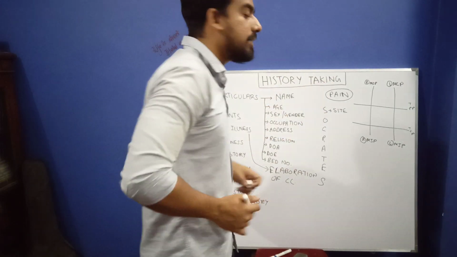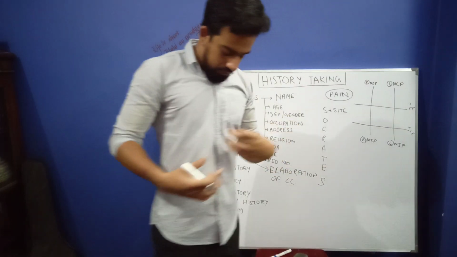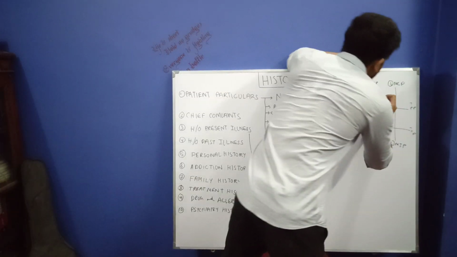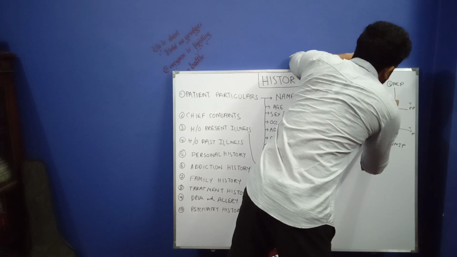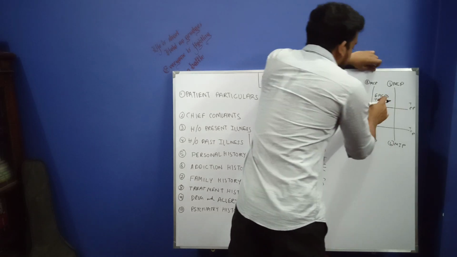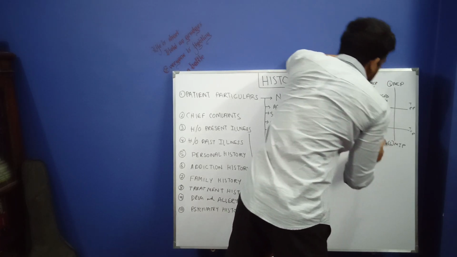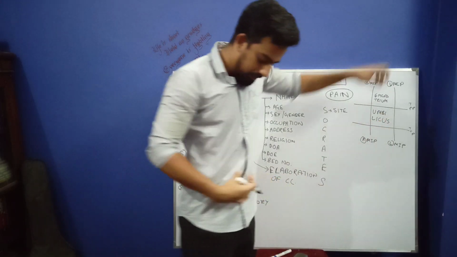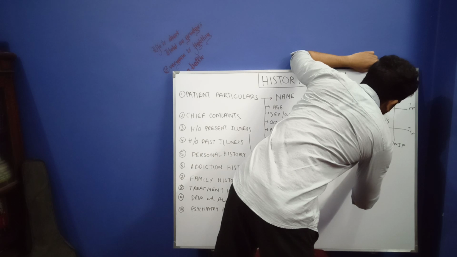Now this divides the abdomen into 9 regions. The topmost one in the center is epigastrium. Below it in the center, umbilicus. Below it, the center part, the lowest one is hypogastrium.